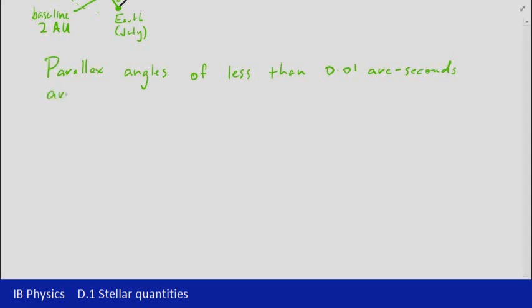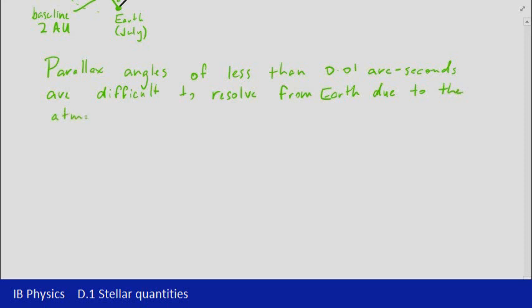So they are difficult to measure, or to resolve, more to the point. So if we're trying to identify the movement of a star against the background stars, it's difficult to resolve angles less than that from Earth due to the atmosphere.